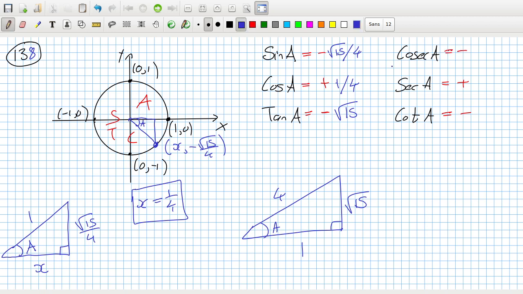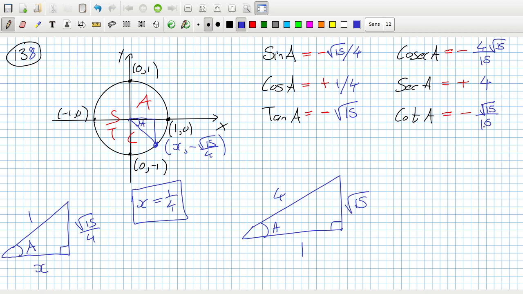Okay. So cosec would be 4 over root 15. Sec would be 4 over 1. And then this would be minus 1 over root 15.